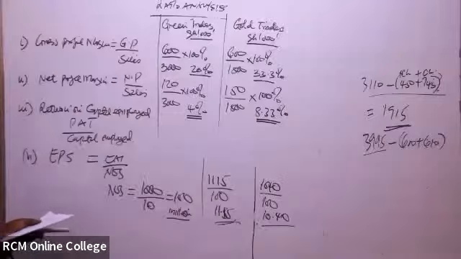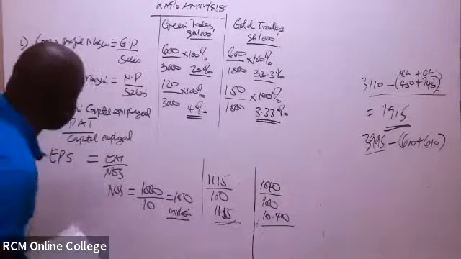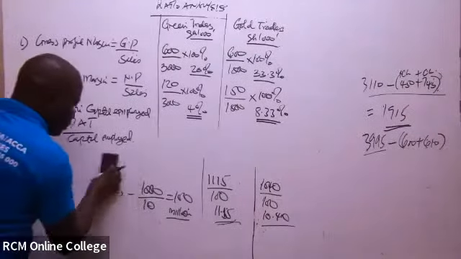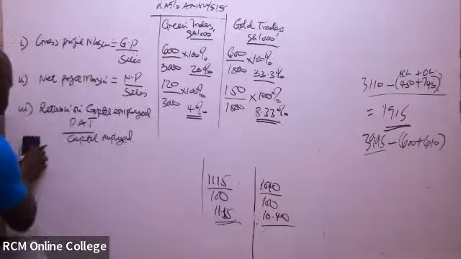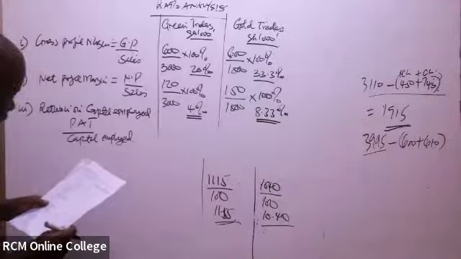So we can take the equity part there, which is actually 600, and of course 3 million. So for this particular year, green traders, the profit after tax you can get in the income statement, after tax expenses.